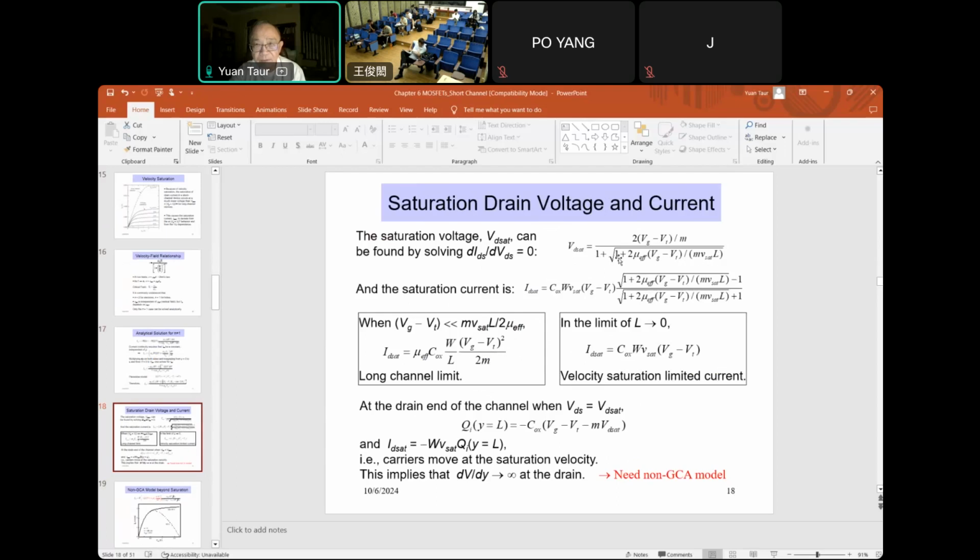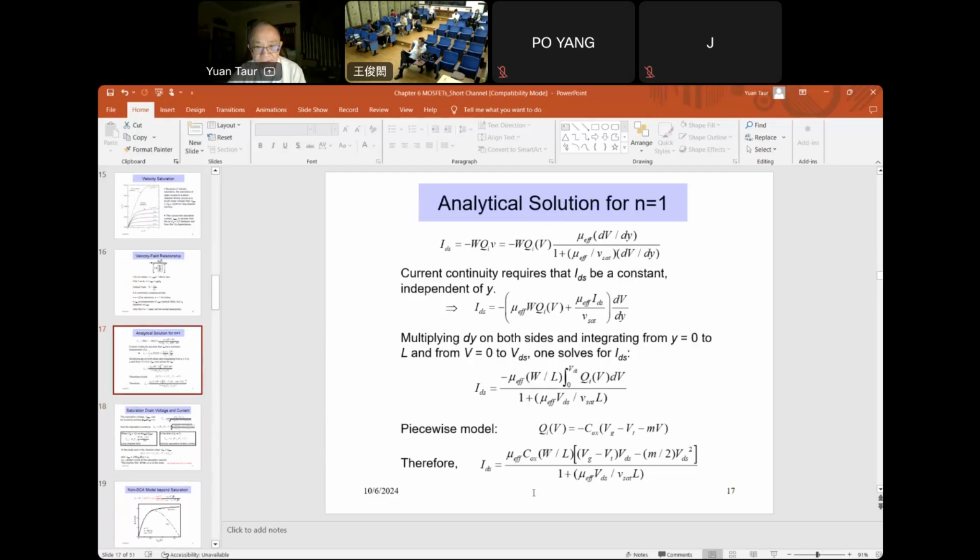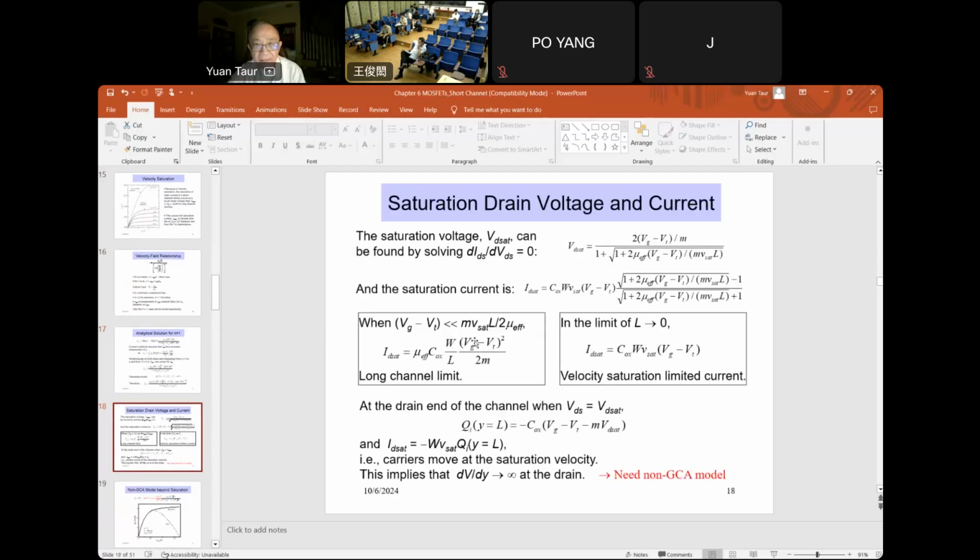So 1 plus square root of 1 is 2, and 2 and 2 cancel. So (V_g minus V_t) over m is the long channel case. And you put this back into this expression to find the saturation current. And that's given by this part.